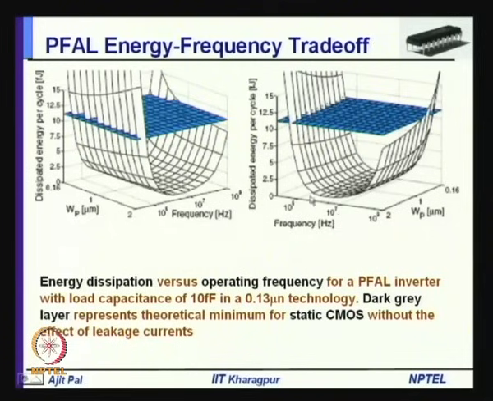You can see how the energy dissipation occurs and how it varies with the frequency and also with the width of the PMOS transistor. So, the variation of the width of the PMOS transistor and also the variation of frequency, how it occurs, is being shown in this result.